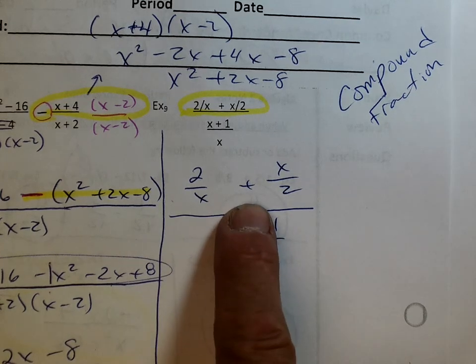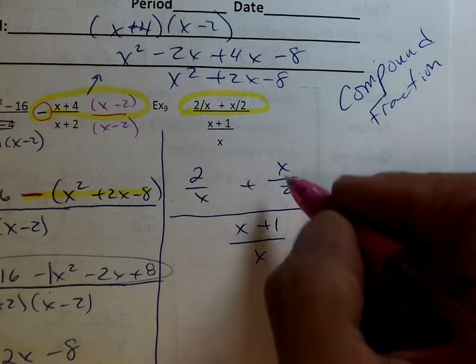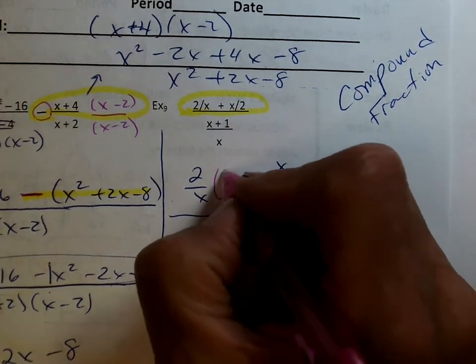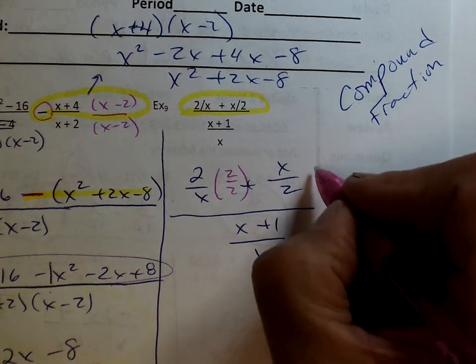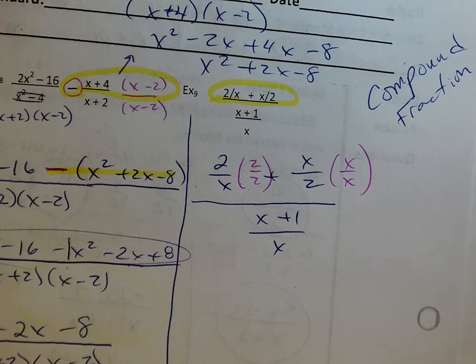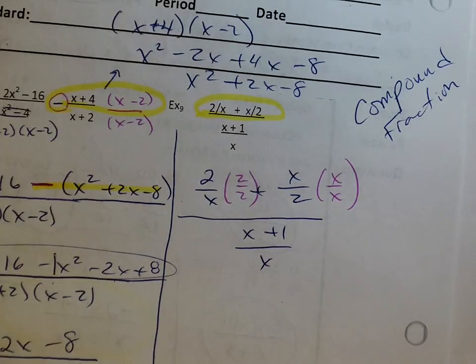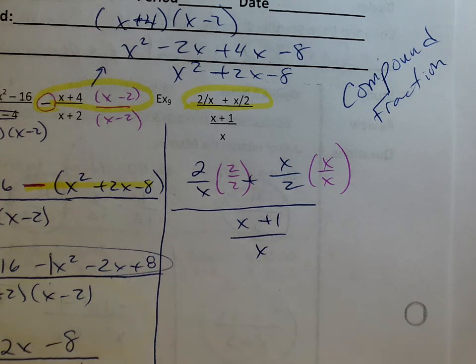There's a plus sign, right? I need to add these two. They're two fractions, so I need a common denominator. So let's multiply this with 2 over 2 and the second fraction by x over x, right? Now all I'm doing, if I can cover this up, all I'm doing is trying to get a common denominator on top, okay? I'm going to let the bottom just come along for the ride for a while, and then I'm going to do something with it, okay?